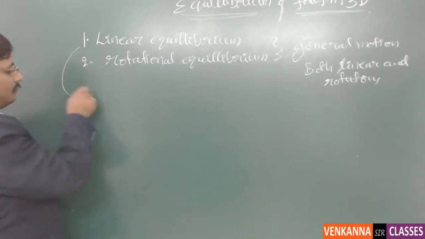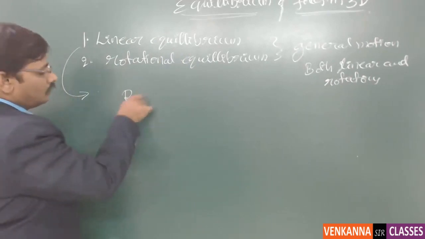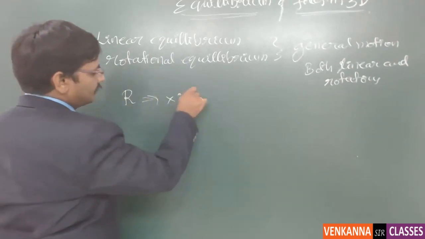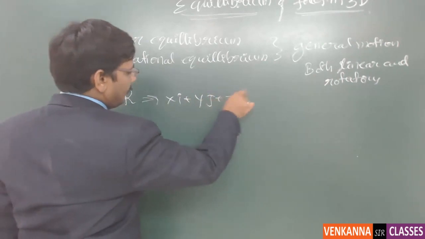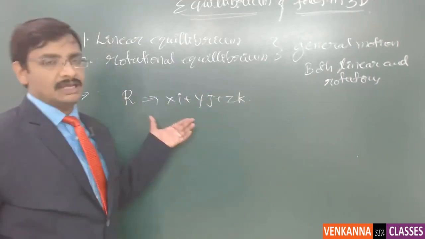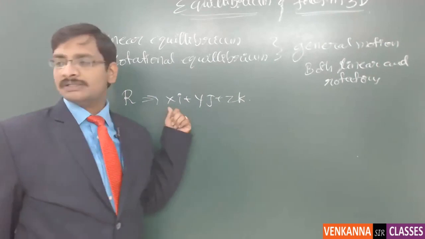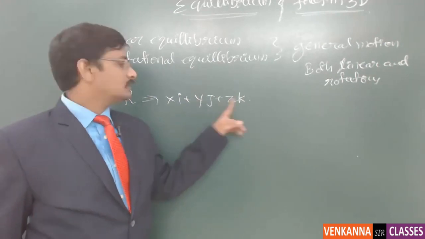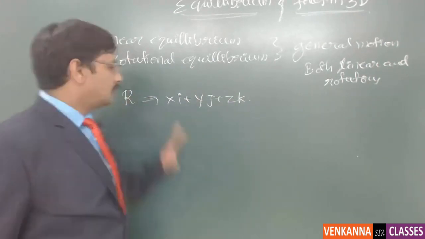So for the equilibrium of the body, R is equal to xi plus yj plus zk. This is nothing but the component along the x-axis, the component along the y-axis, and the component along the z-axis.